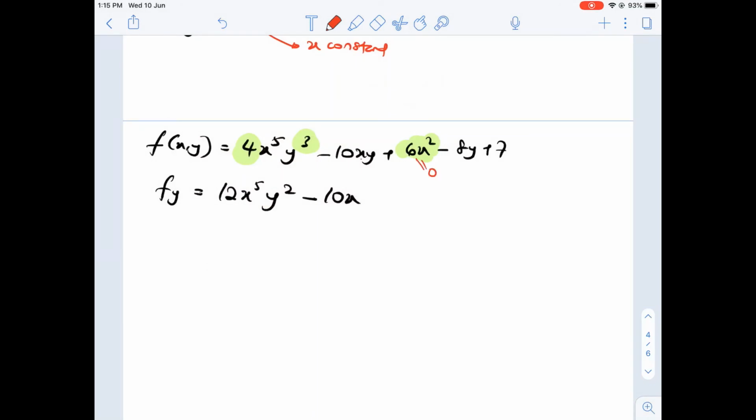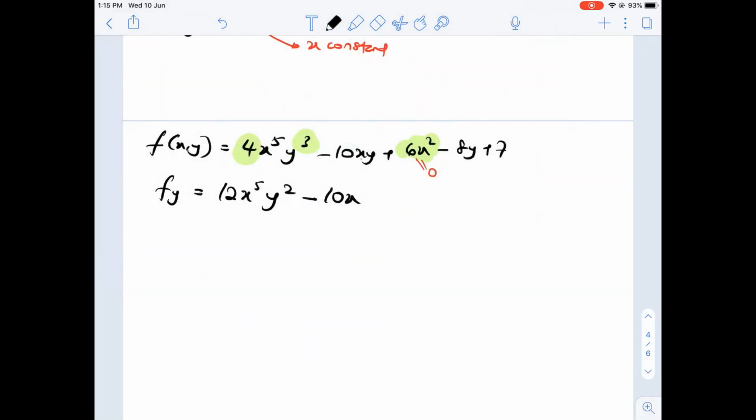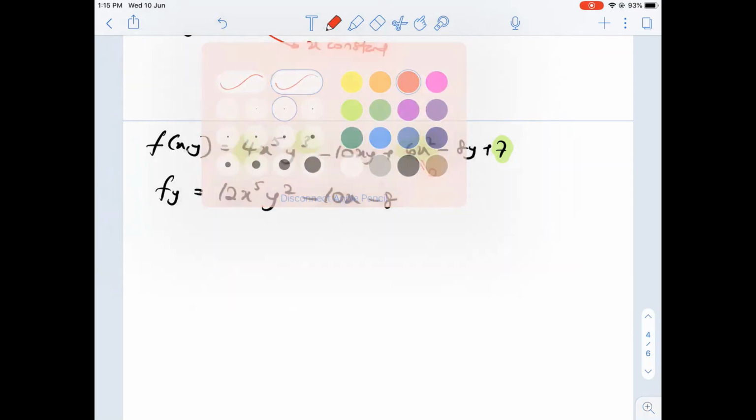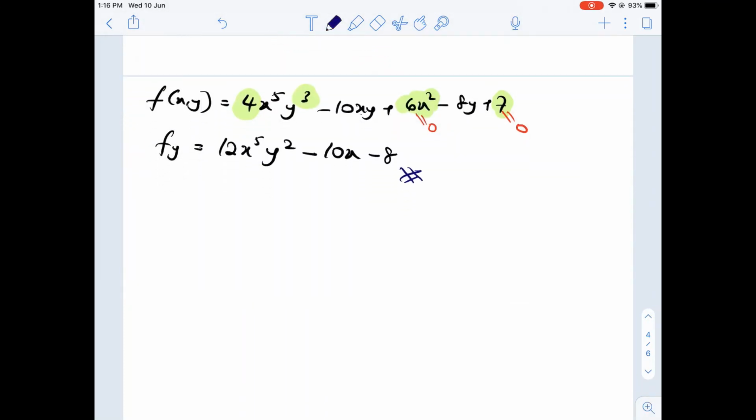If we differentiate negative 8y with respect to y, we get negative 8. Then if you differentiate 7 with respect to y, we know that 7 is just a constant, so we get 0. Therefore this is the final answer for fy.